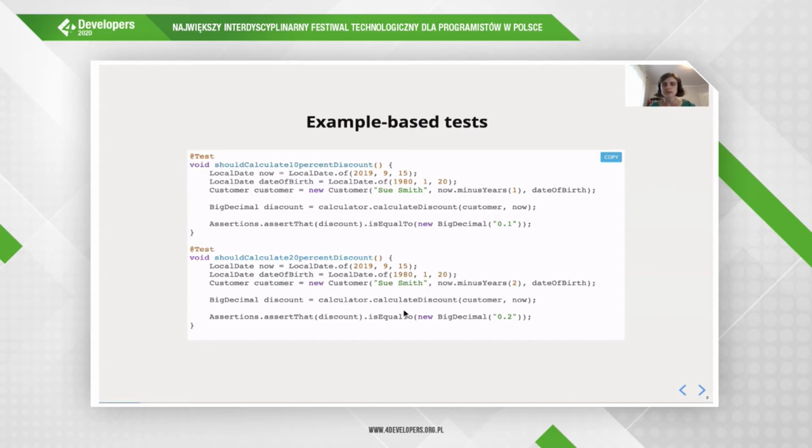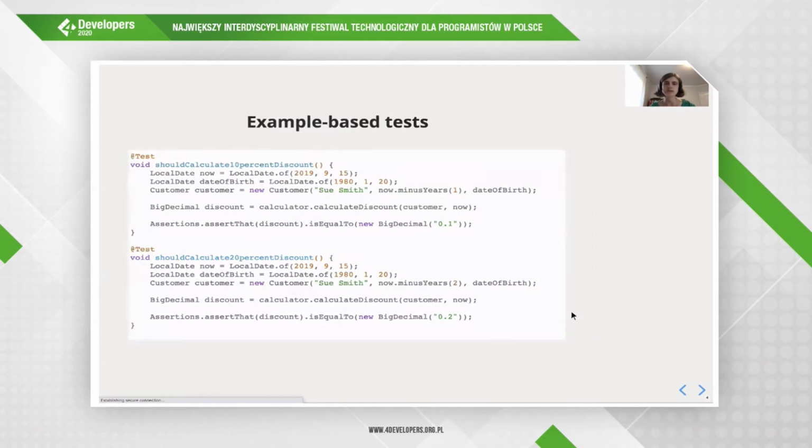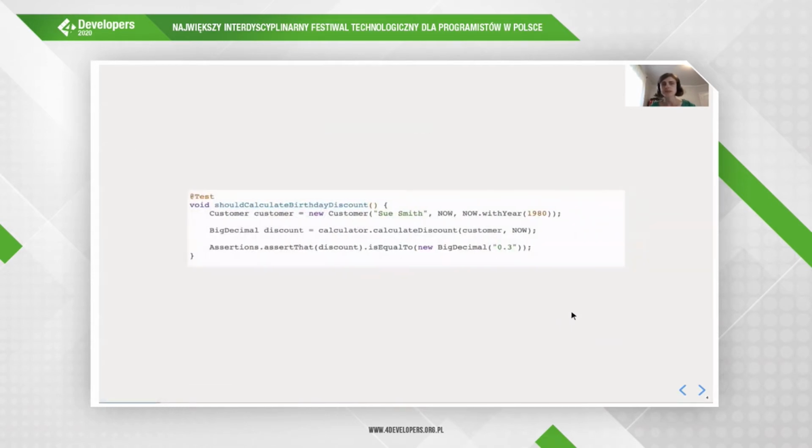Everything else is the same, but the customer has joined 2 years ago, and we verify that the discount is 20%. Is it enough? Of course not. So we want to add some more cases. Let's add the birthday case. We prepare a customer who was born 30 years ago, and it's their birthday today. We verify that the discount is 30%.